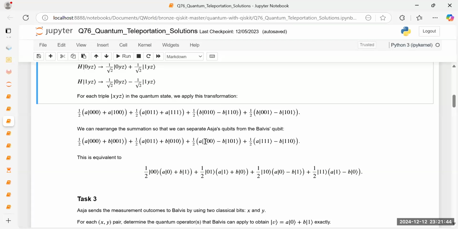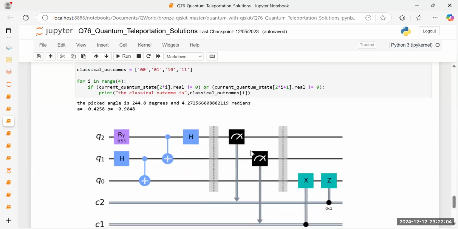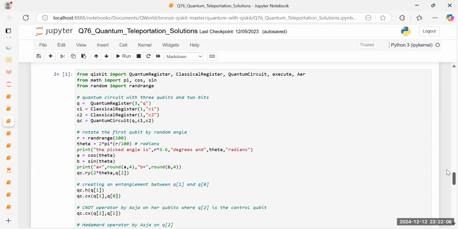We bring those together, 1, 0, 0, and 1, 0, 1. We bring those together here, and 1, 1, 1, and 1, 1, 0. We bring those together here. So we just rearranged the states. Then at this point, we want to measure the first 2 qubits.